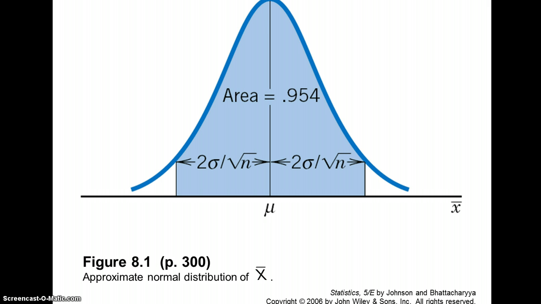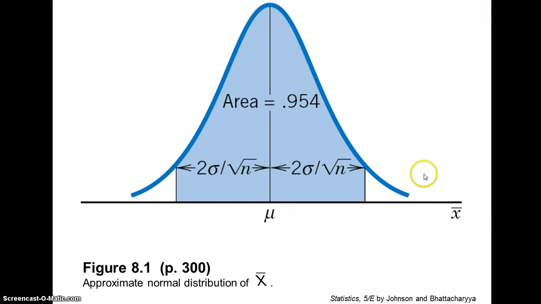This picture here shows what we talked about before, the central limit theorem. X bar means the average of something, and we know the picture, the X bar is approximately normally distributed. This is the probability density function. If we want to find the probability, that's the area under the curve.